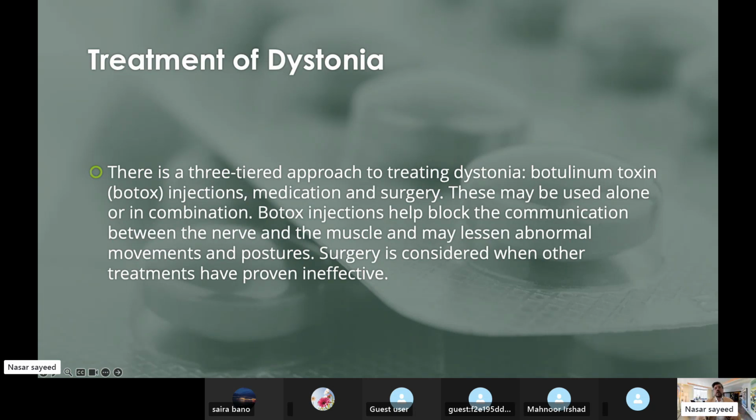Treatment of dystonia is a three-tiered approach. One, you first of all try the anticholinergics. If he's taking an antipsychotic medication, then you can change the antipsychotic medication, give him an anticholinergic. I'm not in favor of giving too many anticholinergics.